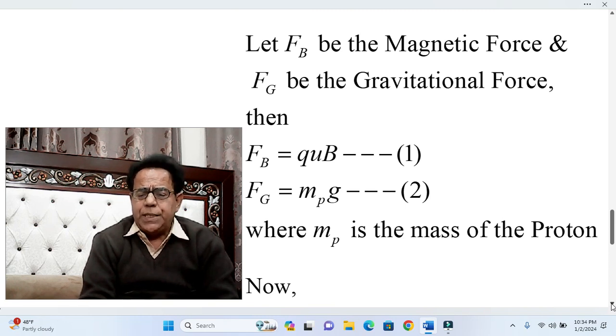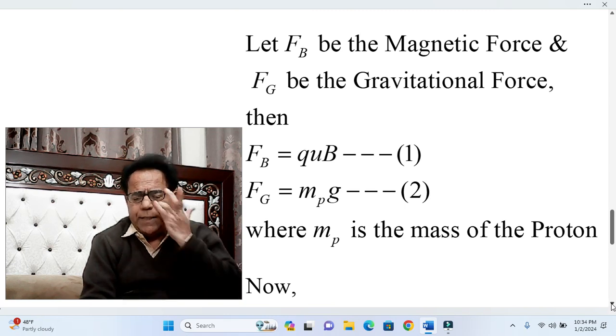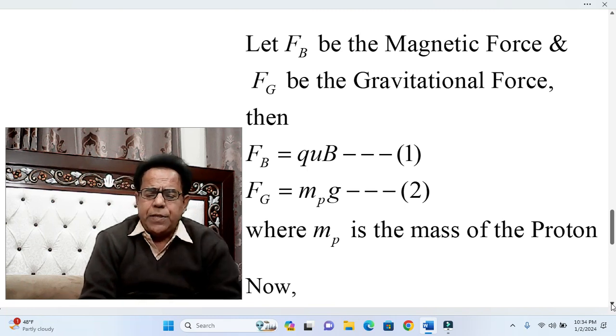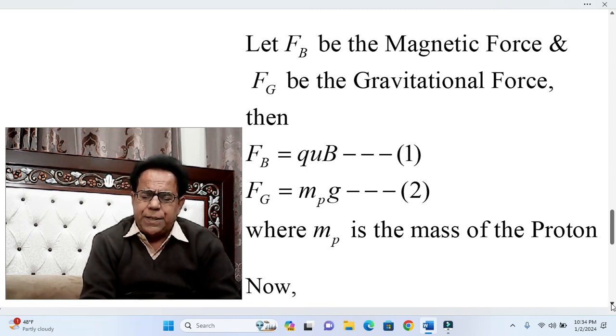Then Fb equals qvB. And similarly, Fg is equal to m g, but here m is the mass of the proton, so we may also write small p as a subscript of m.